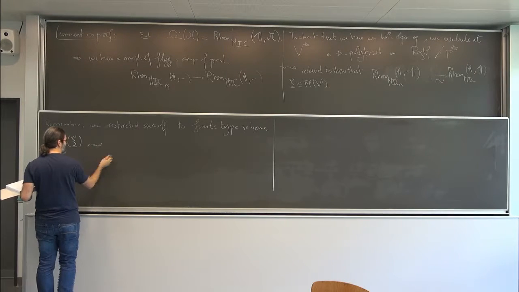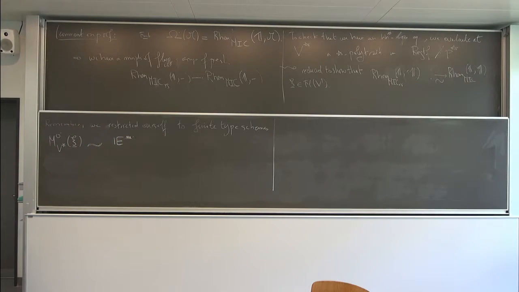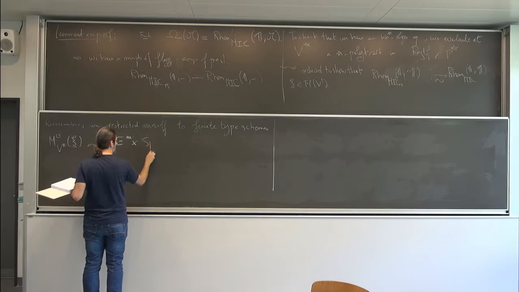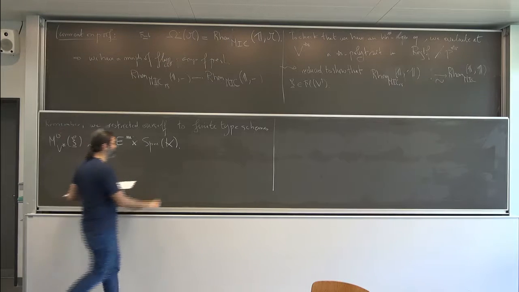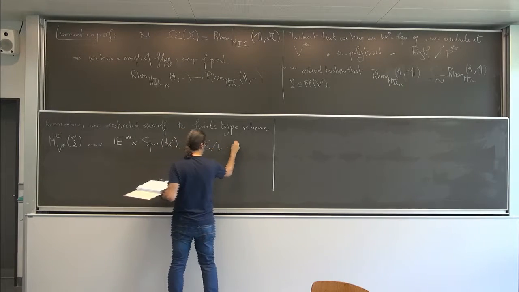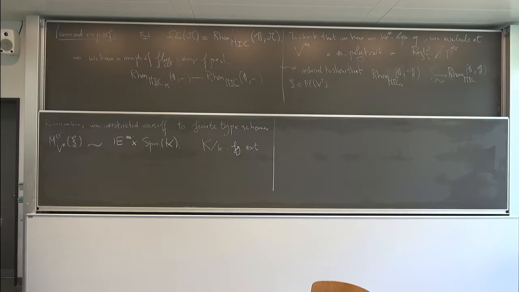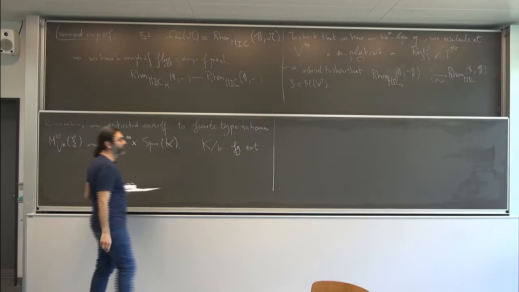A good approximation is that this is some kind of affine, some kind of a product of G_m's times the spectrum of some field K, which is a finitely generated extension of k. And in fact, K will be simply the residue field of the smallest stratum in V0, which is the image of psi 0. Okay, and so we want to check that on such varieties we have this isomorphism.